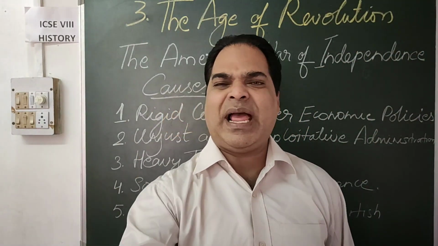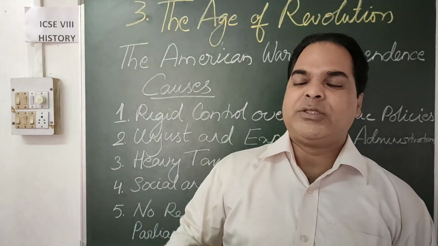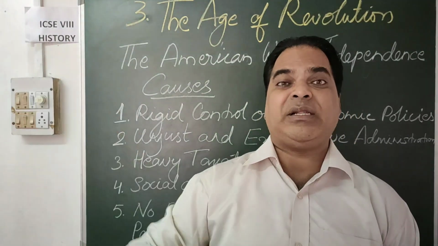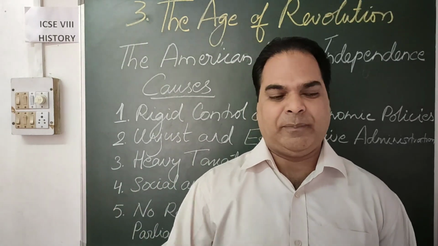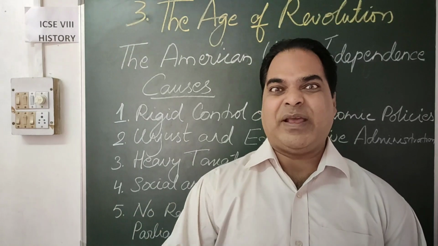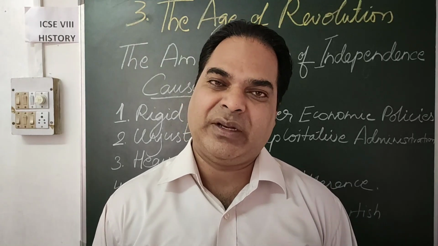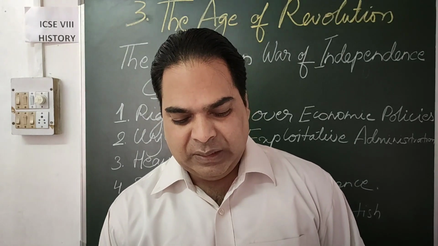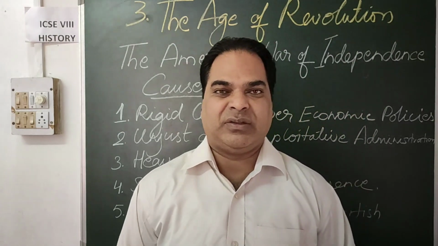New country, new land, there should not be any interference, but they felt that these are our people, so we have the right to govern over them. But the people who had left their homes and settled there were independent-minded and wanted freedom. When this type of encroachment was seen in their political life, they became very frustrated. They wanted to free themselves from the British rule. So that is all about unjust and exploitative administration.